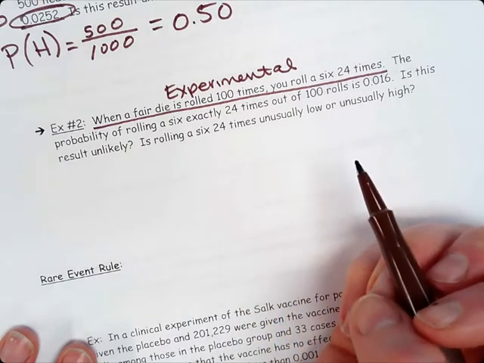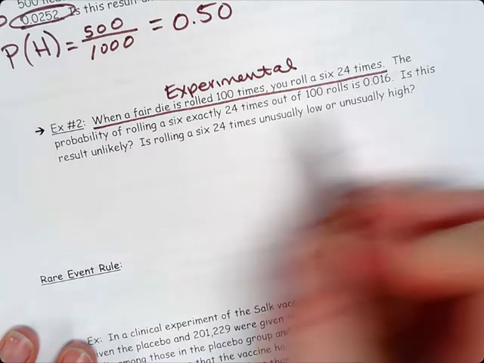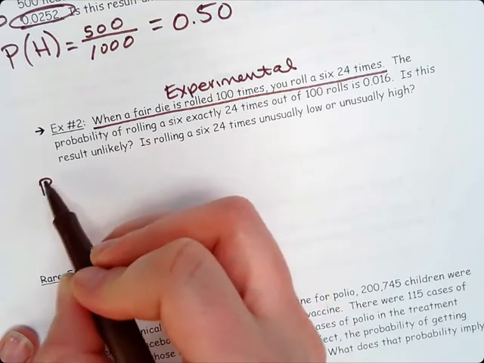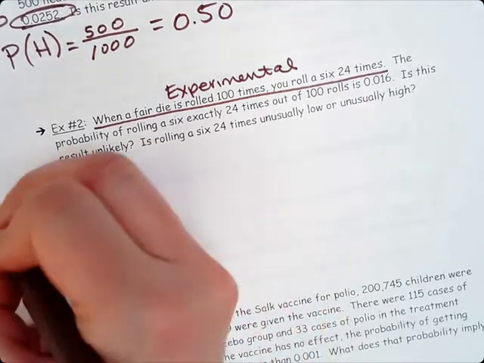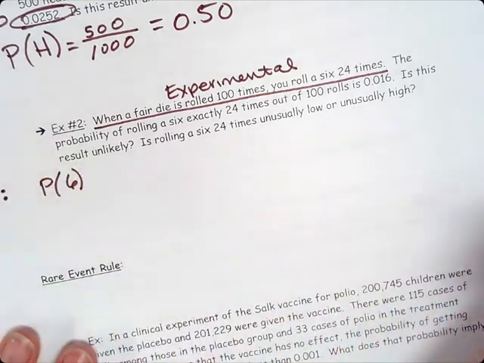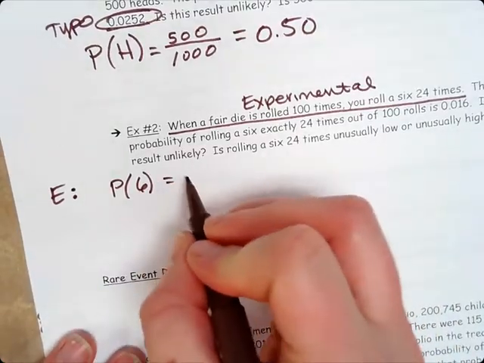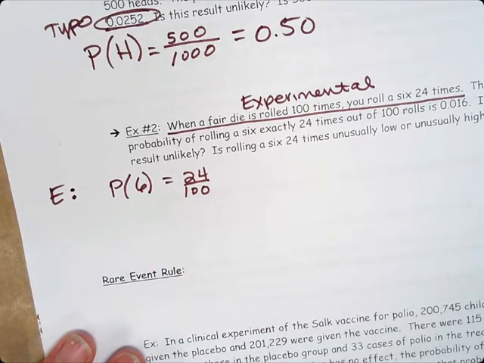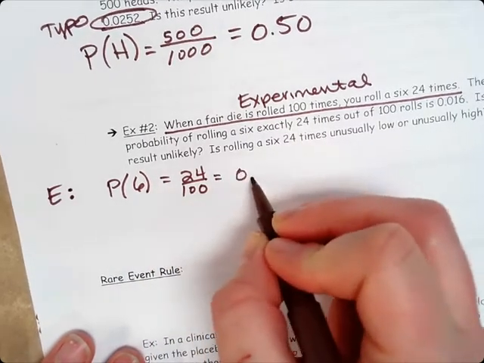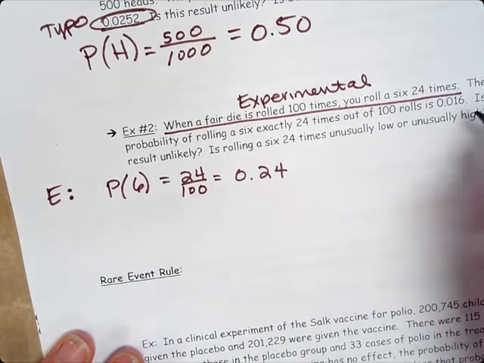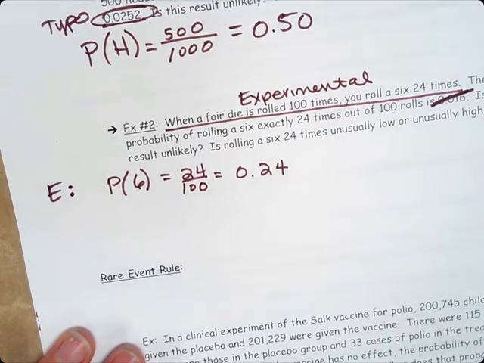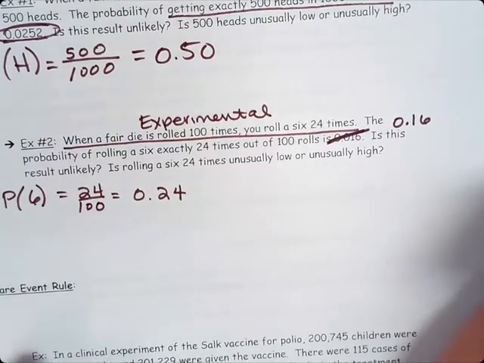So we are going to write this as 24 probability of 6. And this is our experimental. Is 24 out of 100, which is 0.24. Yeah, I think this is a typo. There's an extra 0. So 0.16 is what we're going to do. That's another typo.